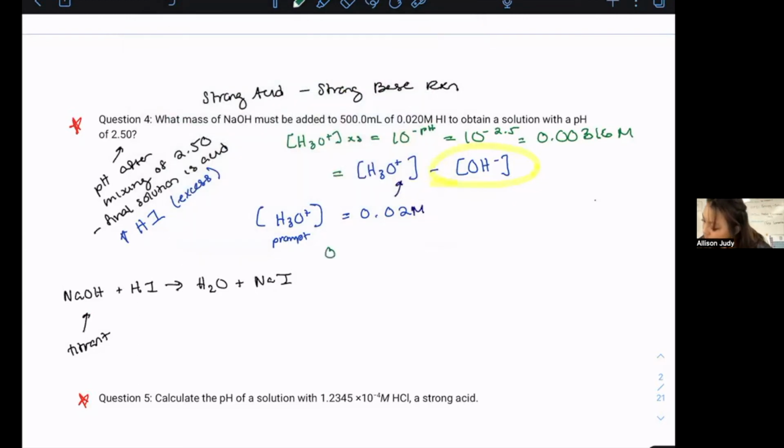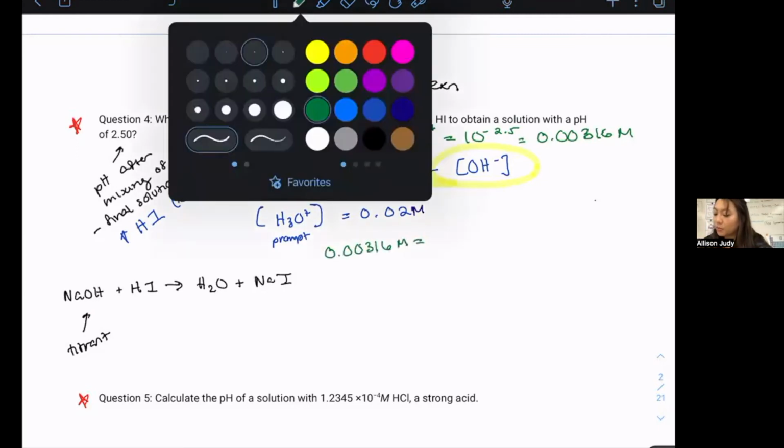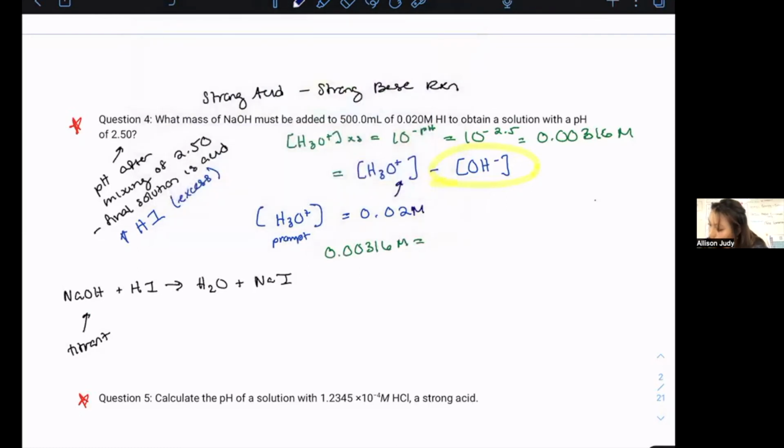I say 0.00316 molar is equal to my excess hydronium or H plus concentration, which is equal to the total H3O plus that I start off with, which is 0.02 molar, minus some OH concentration.